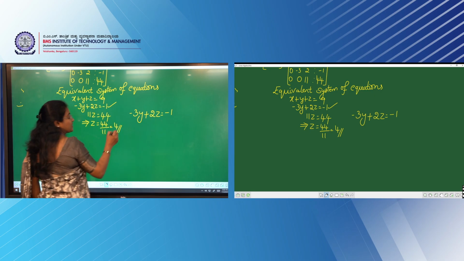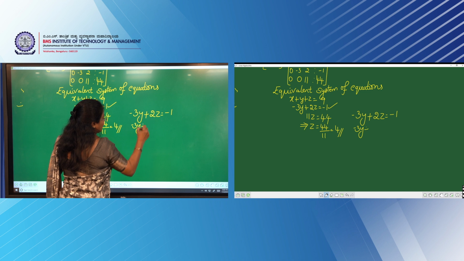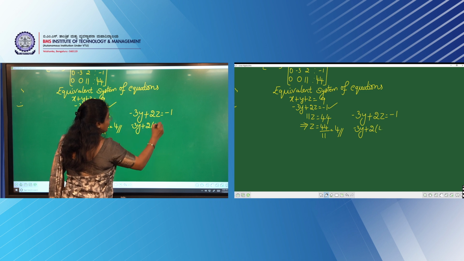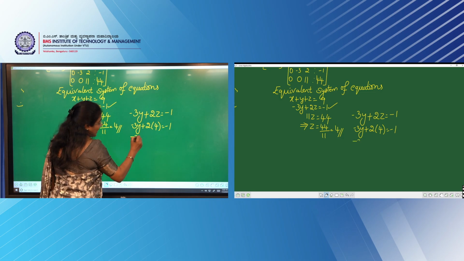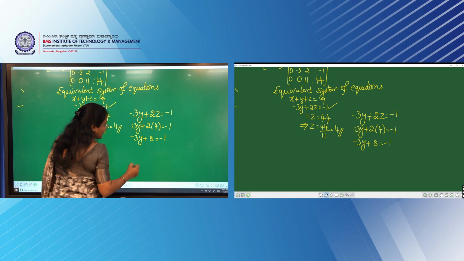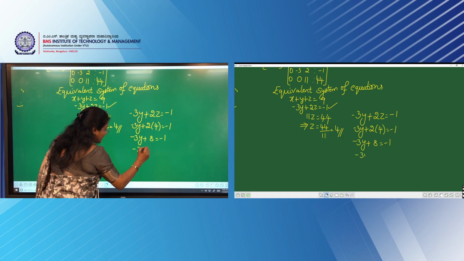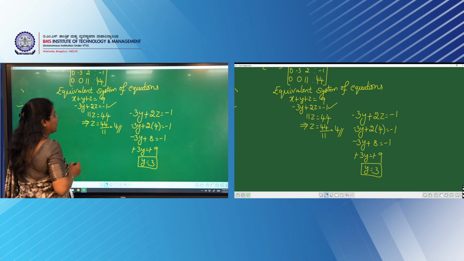Already you got z, use that in this equation, then you will get y. Minus 3y plus 2 into 4 is equal to minus 1. Minus 3y plus 8 is equal to minus 1. Minus 3y is equal to minus 9. Minus minus goes out. y is equal to 3. So you got z and you got y.